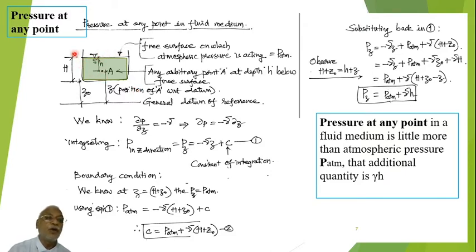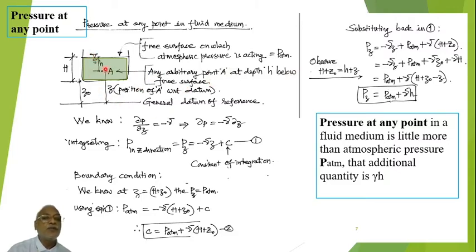That is the open to sky surface, the free surface on which atmospheric pressure is acting, and the magnitude of the pressure is taken as P atmospheric. At a depth below the fluid medium, at an arbitrary point A, the depth is h below the free surface.